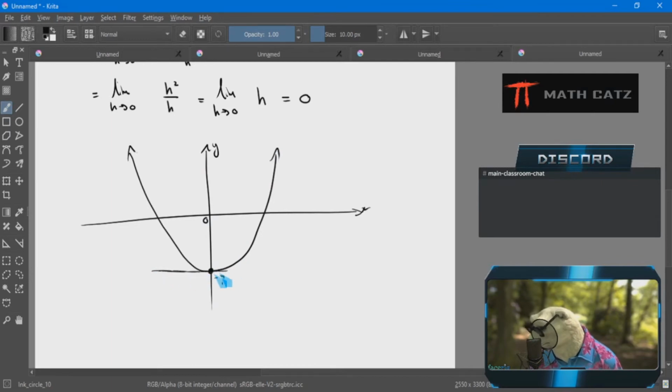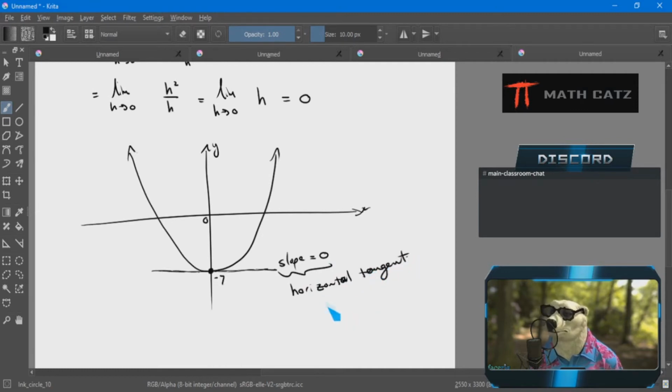Well, that turning point now says the slope of the tangent line is 0, which means that the tangent line there is horizontal. A horizontal tangent line, which I hope feels right.